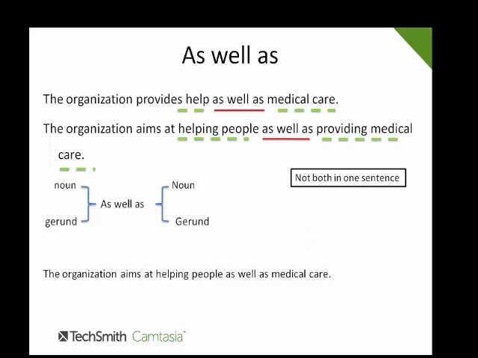So notice that we used as well as to combine a gerund and a noun, and this is wrong. It is incorrect. Why? Because here we combined a gerund with a noun, and it should not be so. So if you have a gerund first, you combine it with a gerund. If you have a noun, you combine it with a noun.